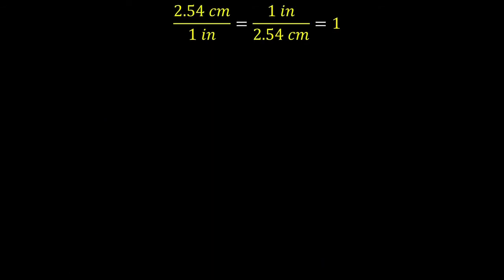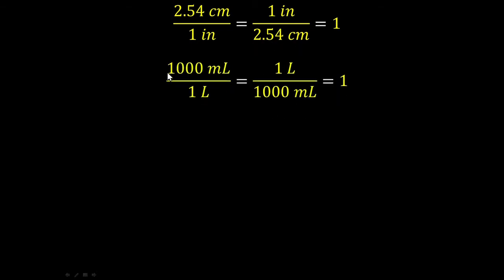And you can easily make a fancy one. All you have to do is take any conversion that you know, or a conversion that you can look up, and if they are equal, put one in the numerator, the other in the denominator, and that fraction is equal to 1. And the reciprocal of that fraction would also equal 1. So if 2.54 centimeters is the same thing as 1 inch, then 1 inch is the same thing as 2.54 centimeters.